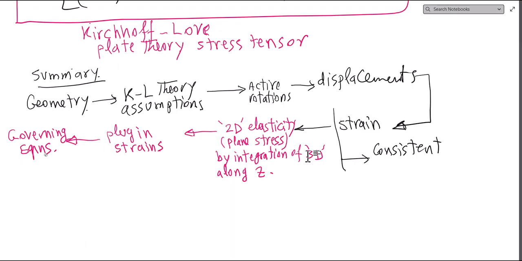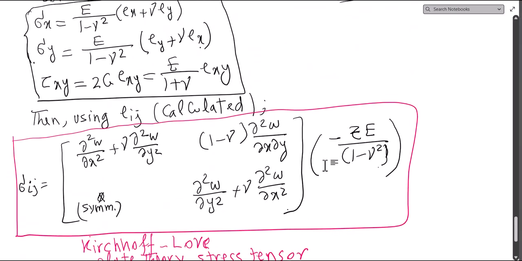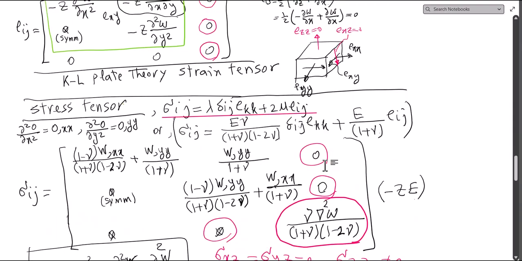If you use the 3-dimensional Hooke's law, we ran into an issue. We get a stress in the Z direction, which is a problem. Also, we get transverse shear stresses, whereas in the 3-dimensional stress, sigma xz and sigma yz are 0.